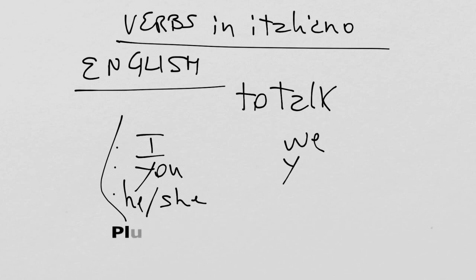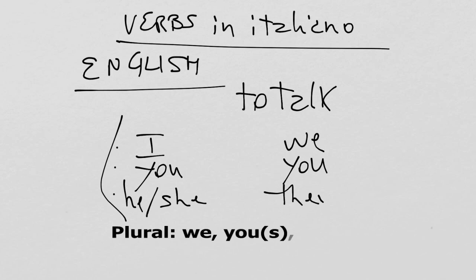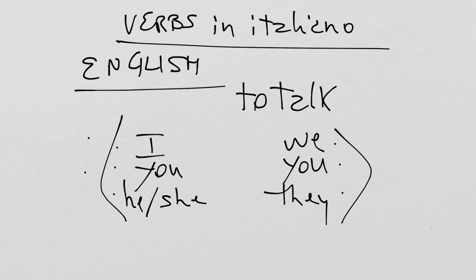And then we have the plural: we, you guys, and they. So we have three persons in the singular and three in the plural. Don't call we fourth person and then fifth and sixth. No, it's only three persons singular and three plural.